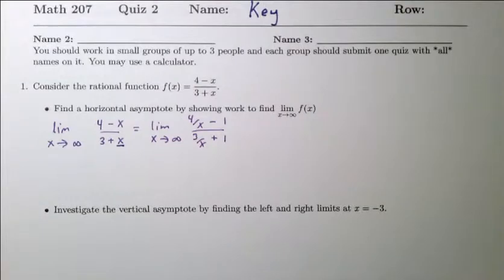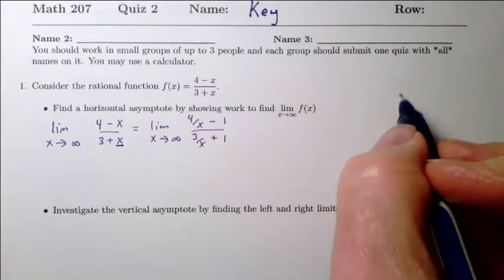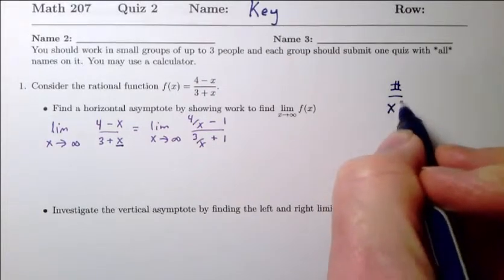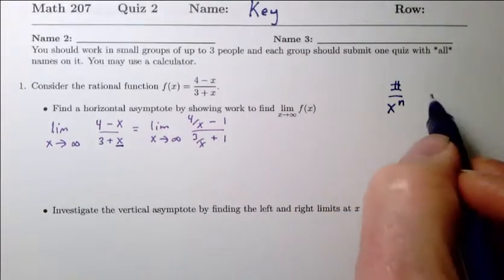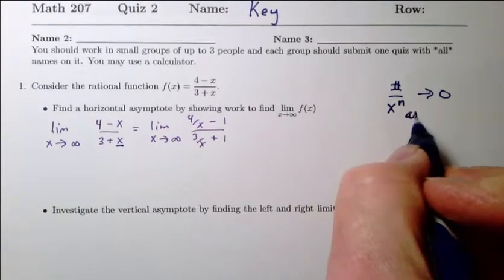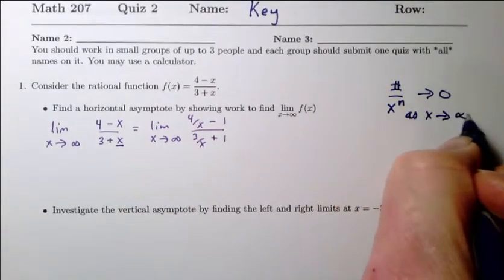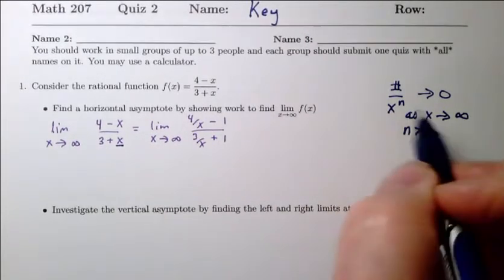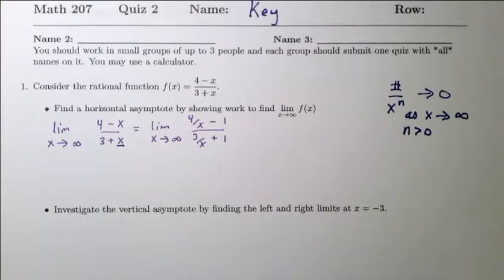Now the idea is if you have a constant, a number, over x to any power, this goes to 0 as x approaches infinity. Now we should say here that this power is greater than 0. If it isn't, then things get strange.